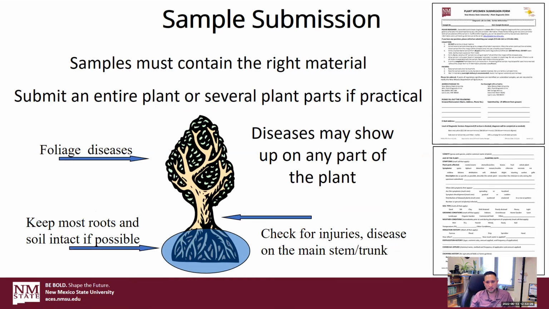Or if you see leaf spots, send us a good amount of leaves, and that helps us with our testing. Diseases may show up on any part of the plant or tree, so take a good look at it and send the areas that you suspect are problematic.